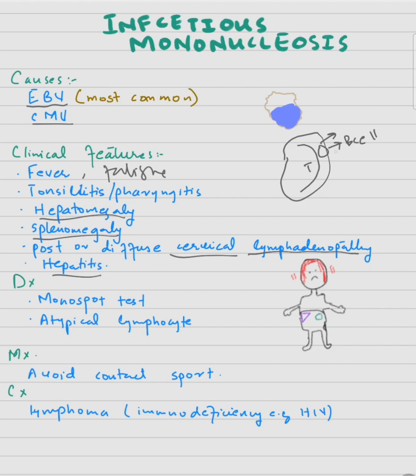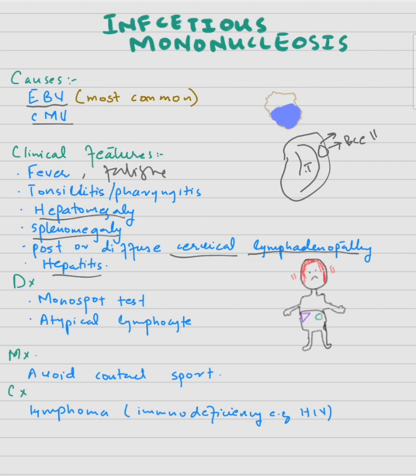When CD8 positive T cells are activated in infectious mononucleosis, the paracortex enlarges, and that results in lymphadenopathy. So the splenomegaly occurred because of T cell hyperplasia in the periarterial lymphatic sheath, and the lymphadenopathy occurred because of T cell hyperplasia in the paracortex. This is the paracortex, this is the cortex. The cortex is the B cell region, the paracortex is the T cell region. I hope that was clear.